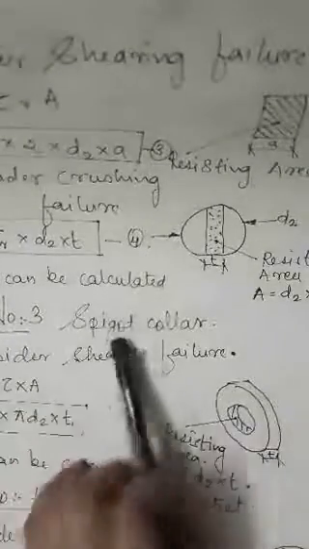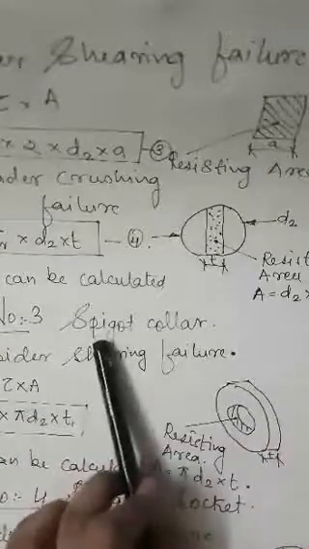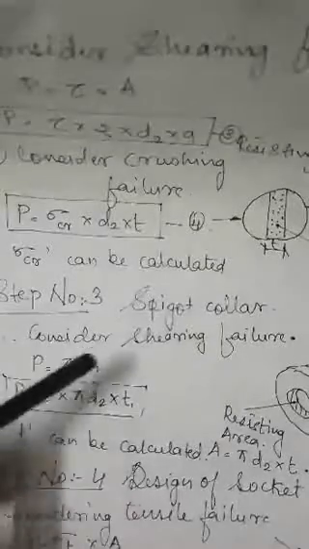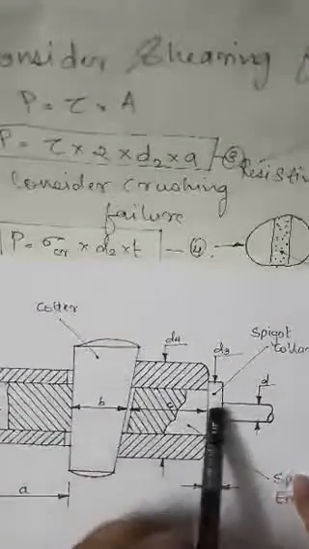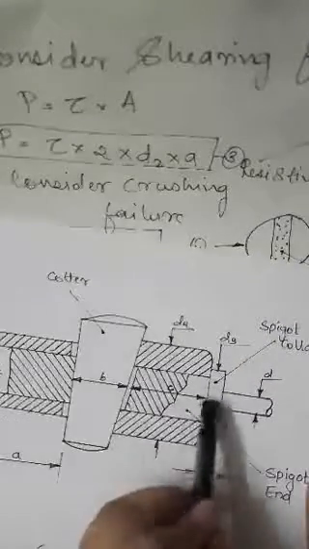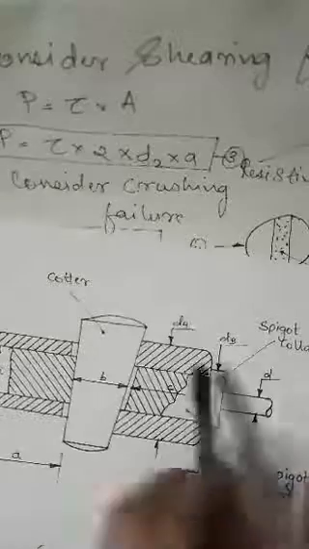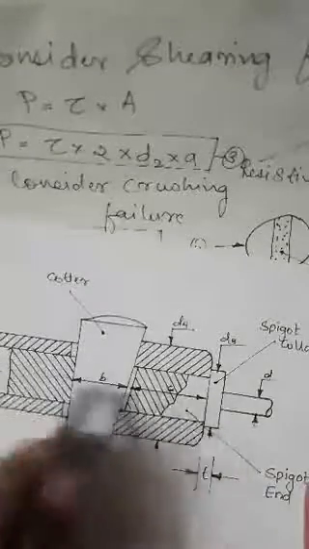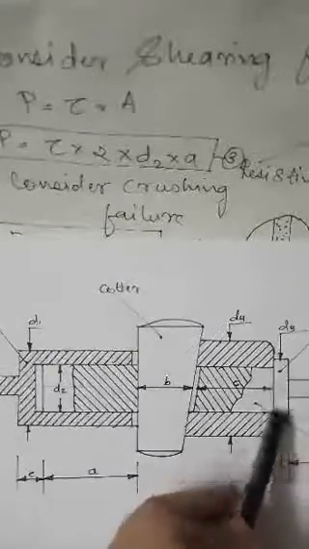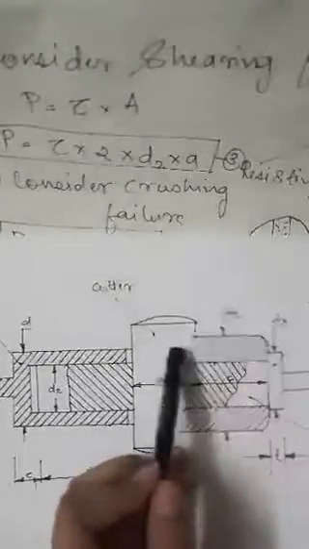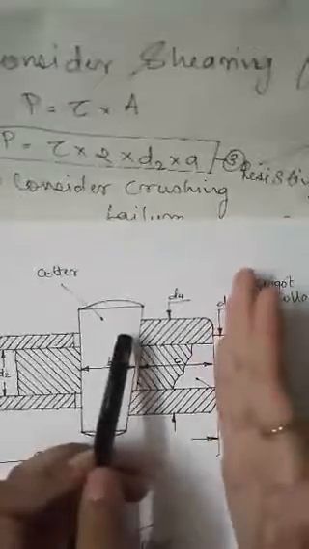For step number 3, we will design spigot collar. Now in spigot collar, first we will consider shearing failure. Why shearing? Because in compressive forces, the spigot end will try to come in this direction, causing this collar to slip away, to break away, making a ring just like this.